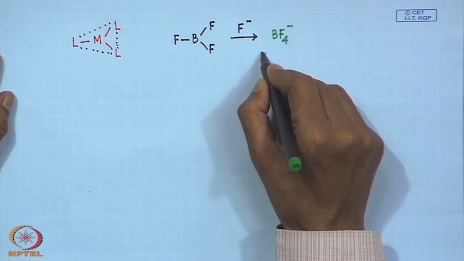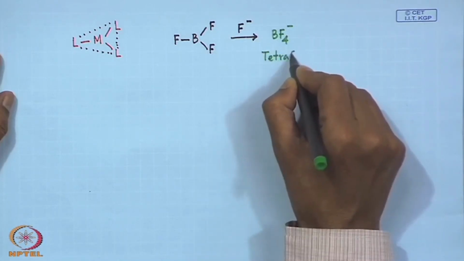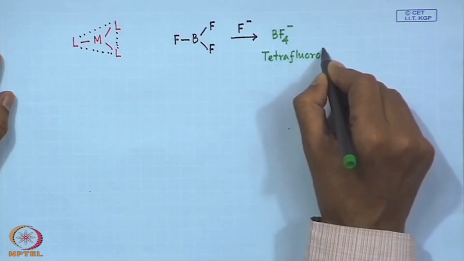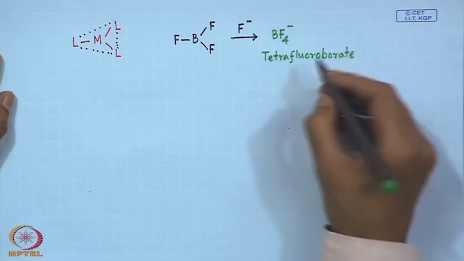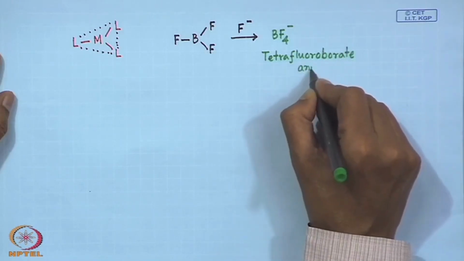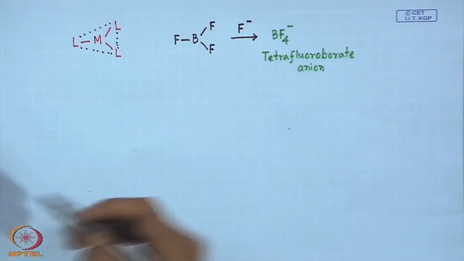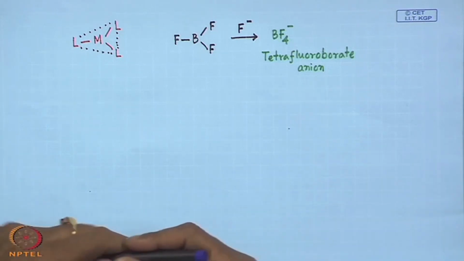So, this tetrafluoroborate anion have a different geometry and its coordination number is also changing.